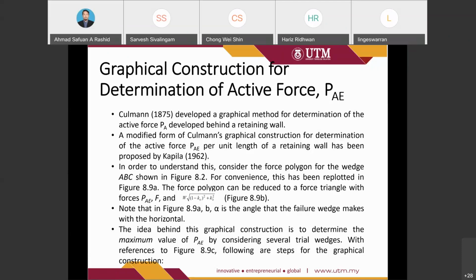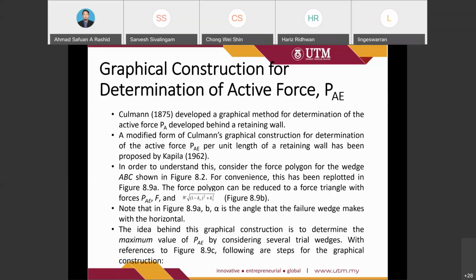So for example, Coulmann developed a graphical method for determination of the active force PA developed behind a retaining wall. Then Kapila has improvised the method by Coulmann.